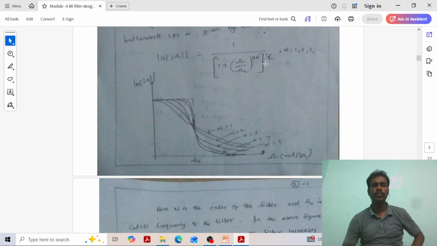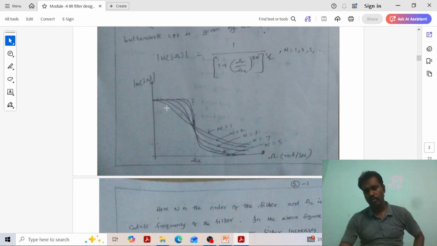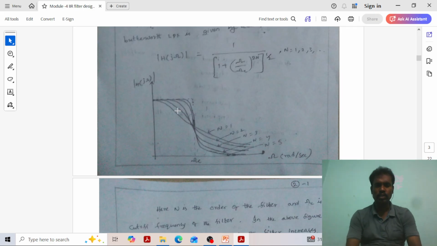What is the ideal curve for a low pass filter? We know it has a sharp edge from pass band to stop band. You can see multiple transfer functions in this graph. When n is equal to 1, it decreases gradually from pass band to stop band. When n is equal to 2, it is better than that very slow decrease; it decreases faster than n equal to 1.